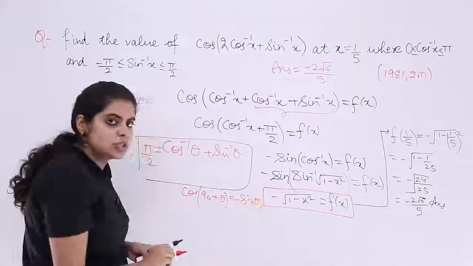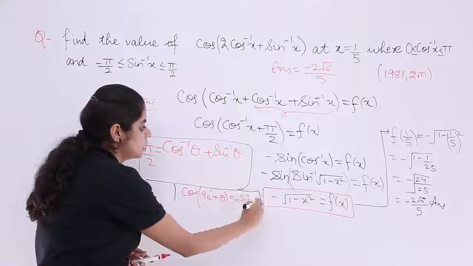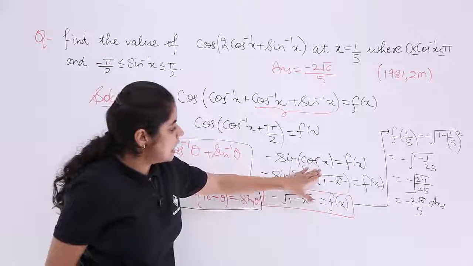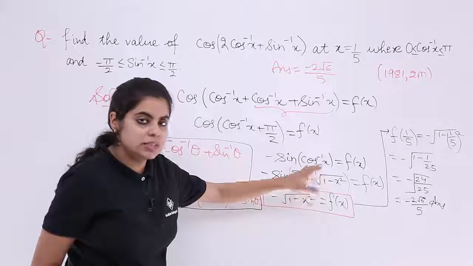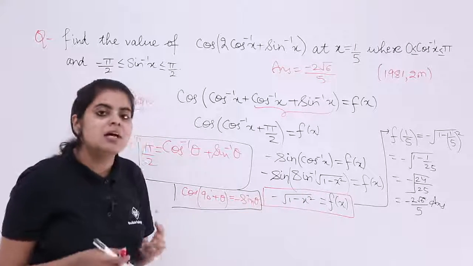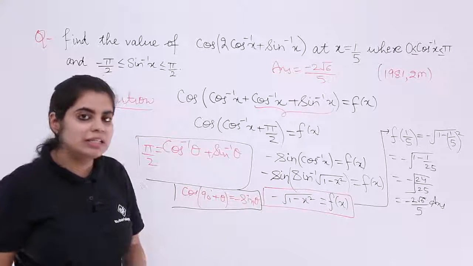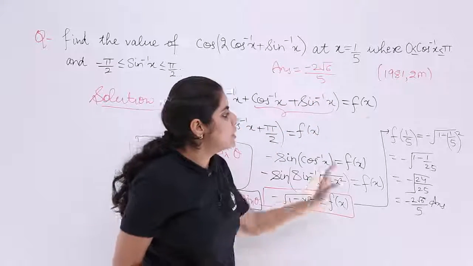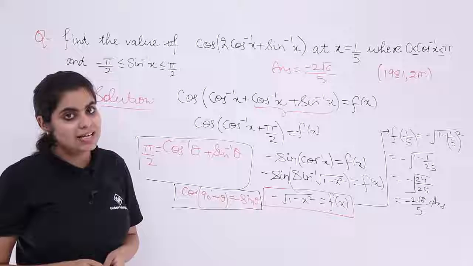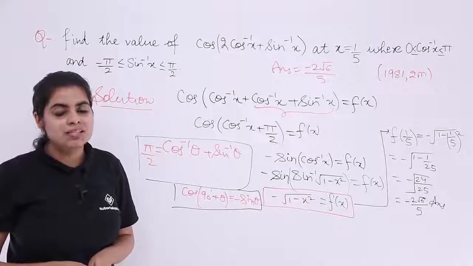This formula we used, so let's write this formula, enclose it in a big box. You got this value. Now cos inverse x converted to sin inverse, this step is again important. We did that, nullified, found f of x. But f of x was not needed, we basically needed x is equal to 1 by 5. So we put the value and got the final answer to this question of IIT JEE as minus 2 root 6 upon 5.